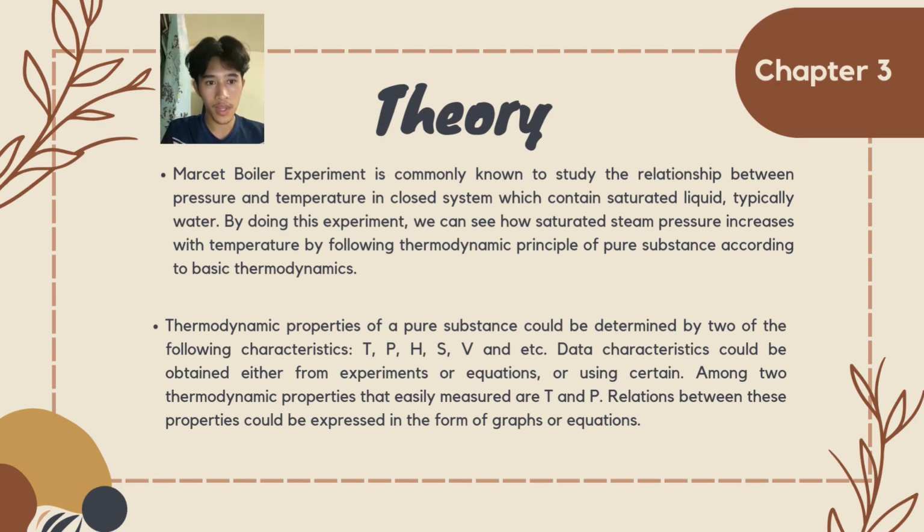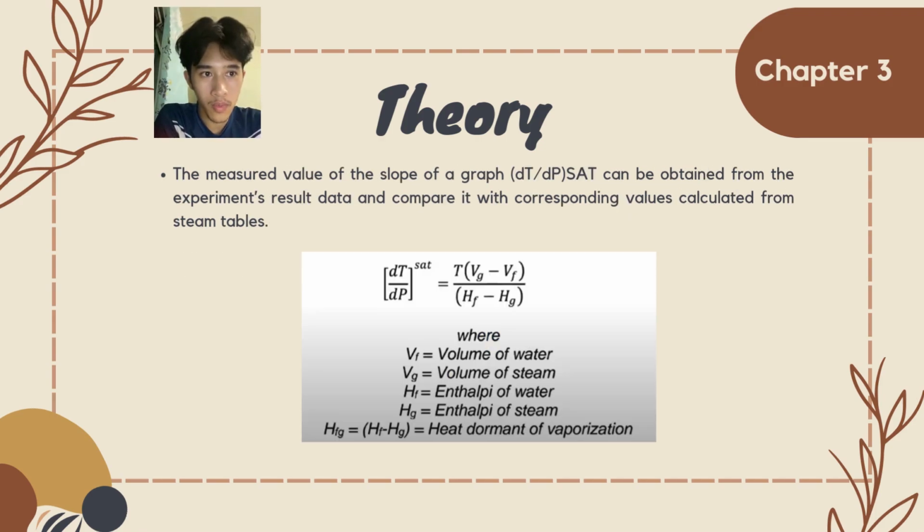So relations between these properties could be expressed in the form of graph and also equation. The measured value of the slope of a graph can be obtained from the experiment's result data, and we can compare it to the corresponding values calculated from steam tables. So this is the formula that we use to measure the value of the slope, dT over dP.